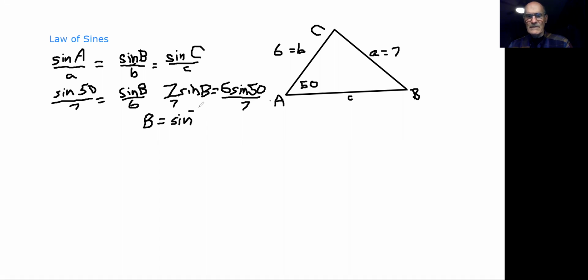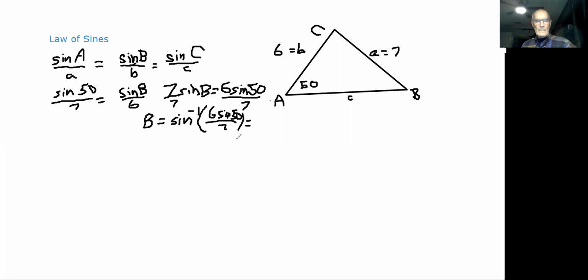Now in your calculator, the inverse sine is above the sine button. So I type this in with 6 sine 50 over 7, and I put this in my calculator. 6 sine 50 divided by 7, and I get an answer of 41 degrees.